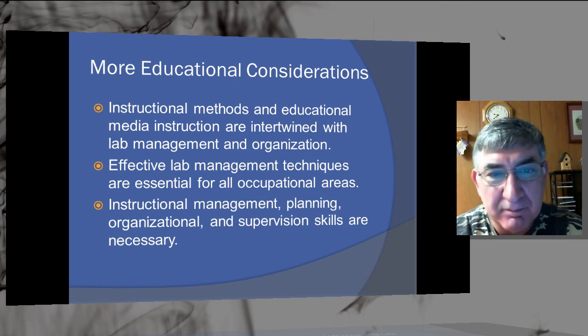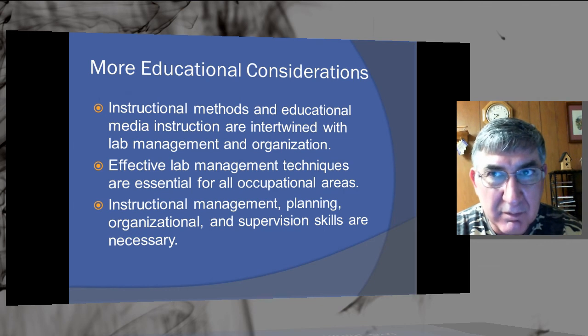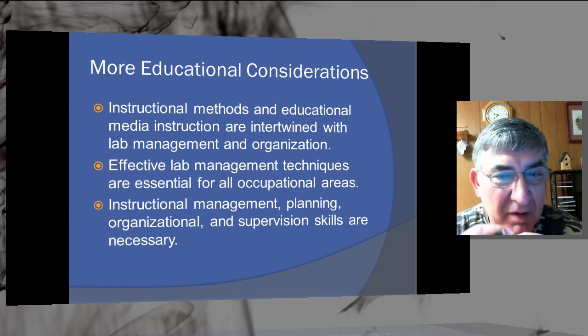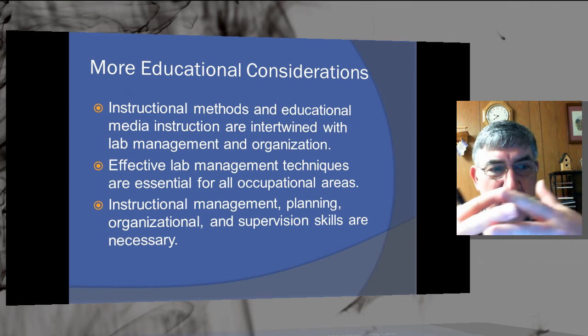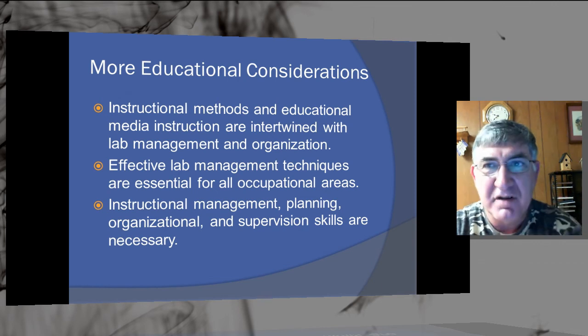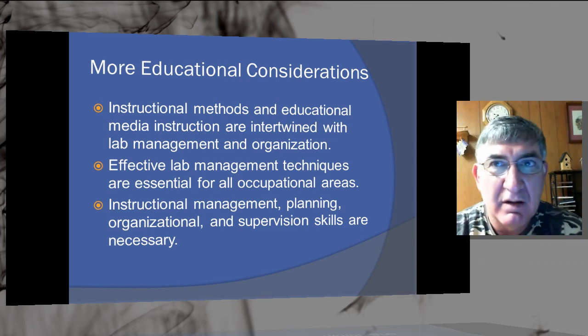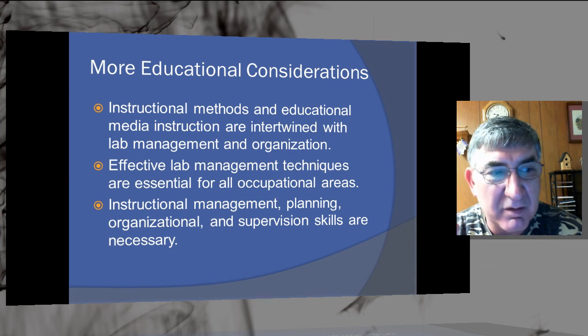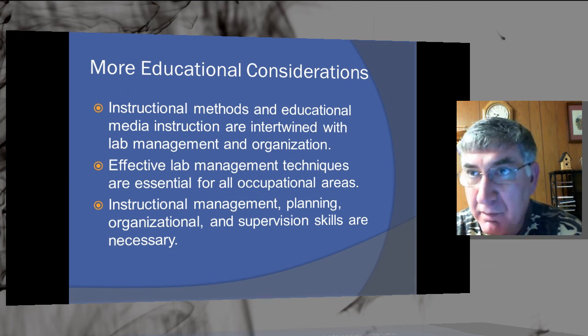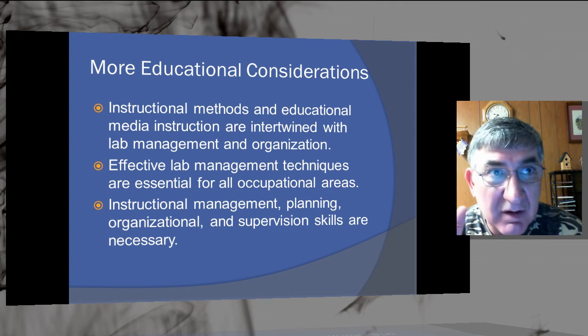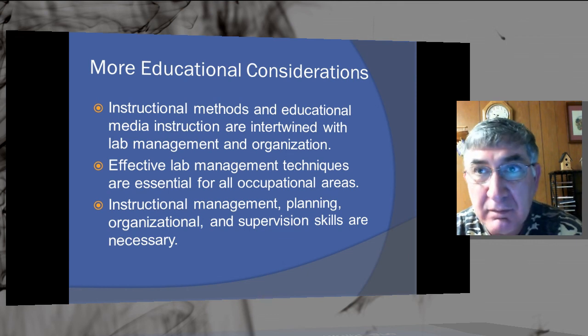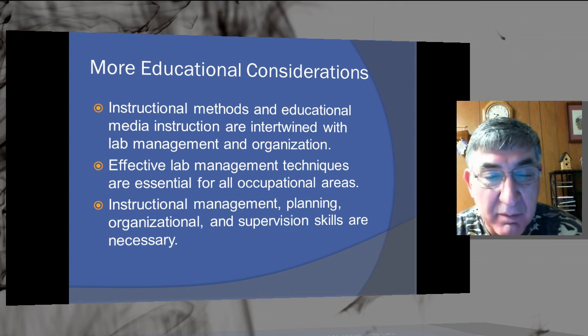But then all of those things are intertwined, and I like the word there. I probably wouldn't come up with that myself, but they're all kind of intertwined with lab management and organization. You and I need to be able to manage. That means take care of our lab and all the things that encompass that, but yet also have it organized.